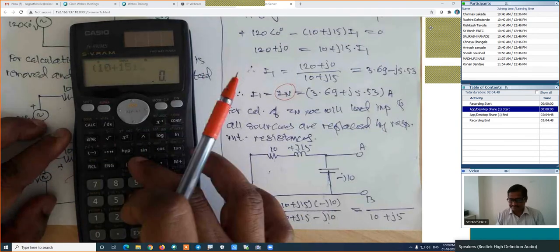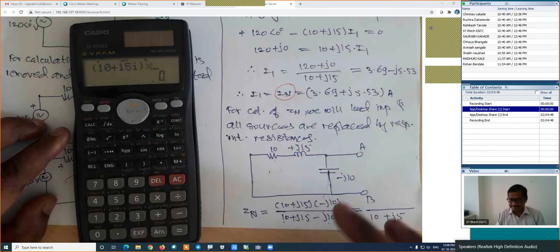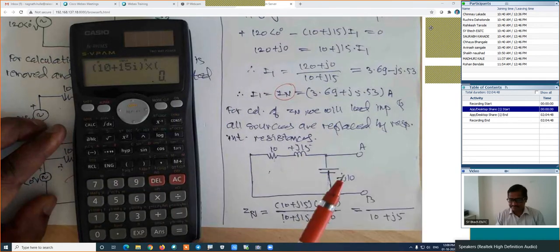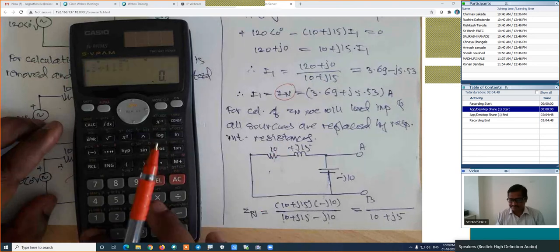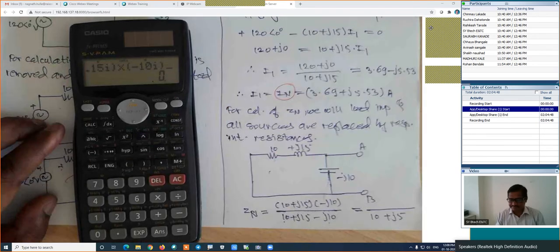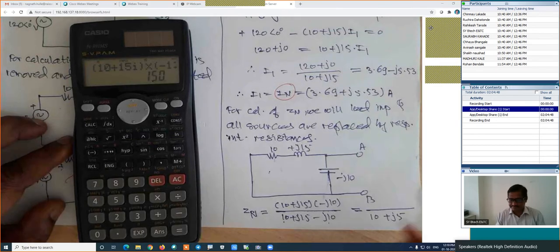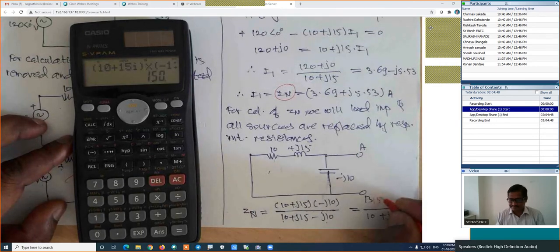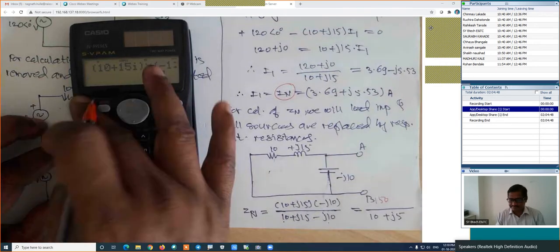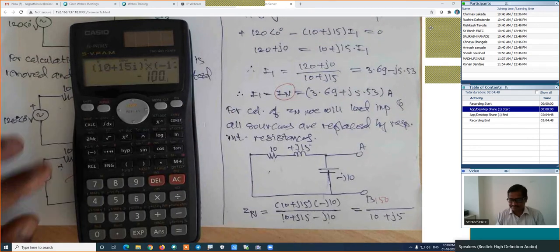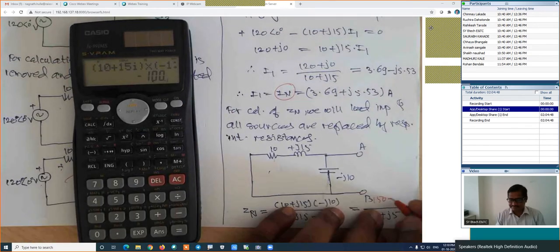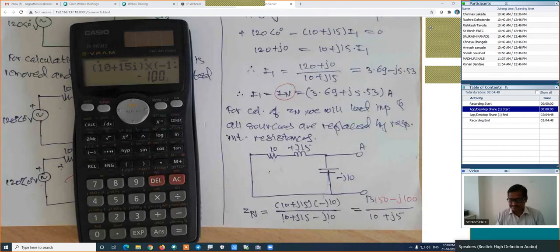Close the bracket into start bracket, minus 10i, close the bracket, which is equal to 150 as the real part, and the imaginary part is minus 100i. If it is minus j100, this will be the numerator.